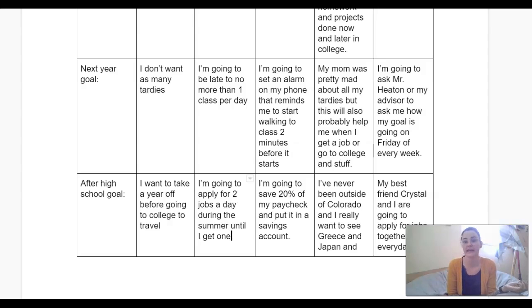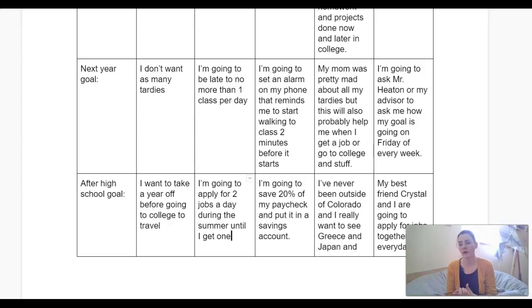So if 60% of my paycheck goes to fun things like going to the mall with my friends, seeing movies, going out to eat, or getting Grubhub, then I still have that wiggle room. I'm still accomplishing my goals, but I'm also doing something that's going to help me later on. So just 20%, in a savings account.